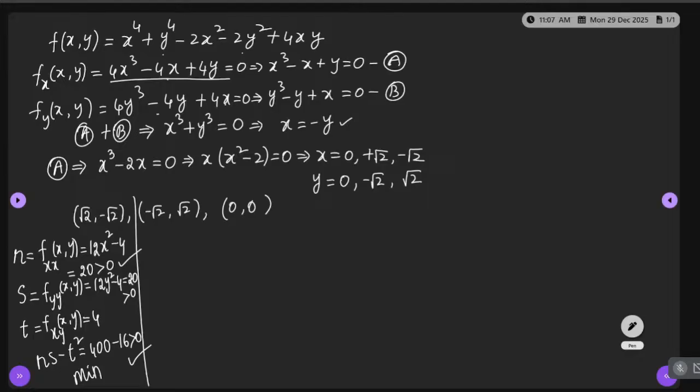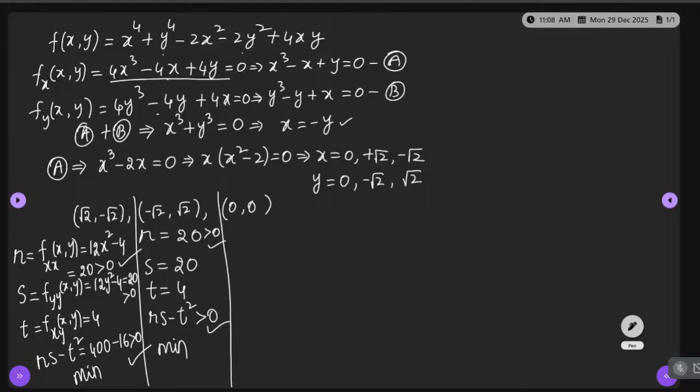Find for the remaining 2 points what you are getting. At this one also you will be getting the same. R will be 20, S will be 20, T will be 4, RS minus T square is positive. Here also you are getting S minima. What is F minima at these 2 points?